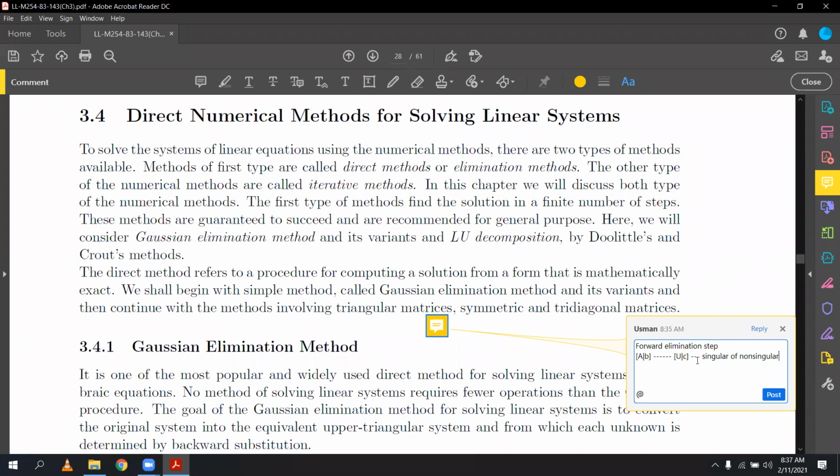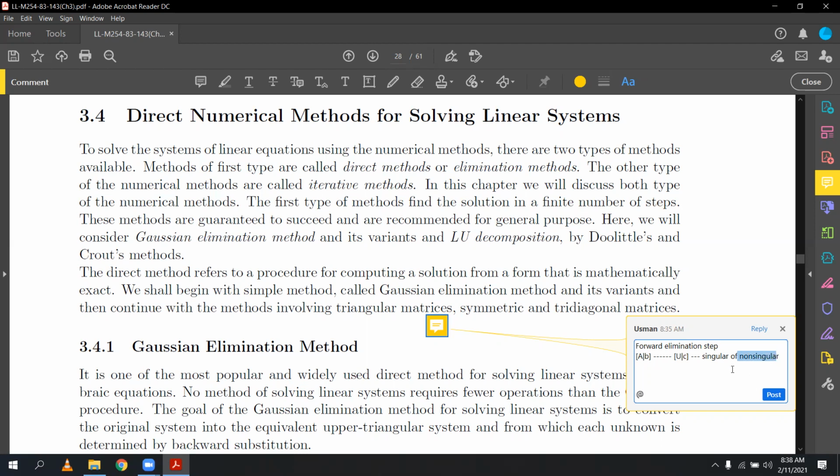How can you know whether this is singular or non-singular? By the determinant? Not the determinant; we are not using the determinant. When we convert A into U, we look at the diagonal elements of U, which should not be equal to 0. Then it is non-singular.